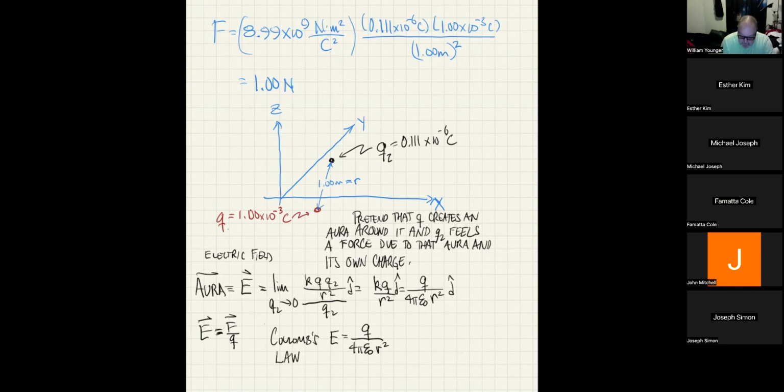What is epsilon 0? That's called the permittivity of free space. And it's 8.85 times 10 to the negative 12th Coulomb squared per Newton meter squared. If you calculate 1 over 4 pi epsilon naught, you'll get the 8.99 times 10 to the 9th that I just told you about, for instance.